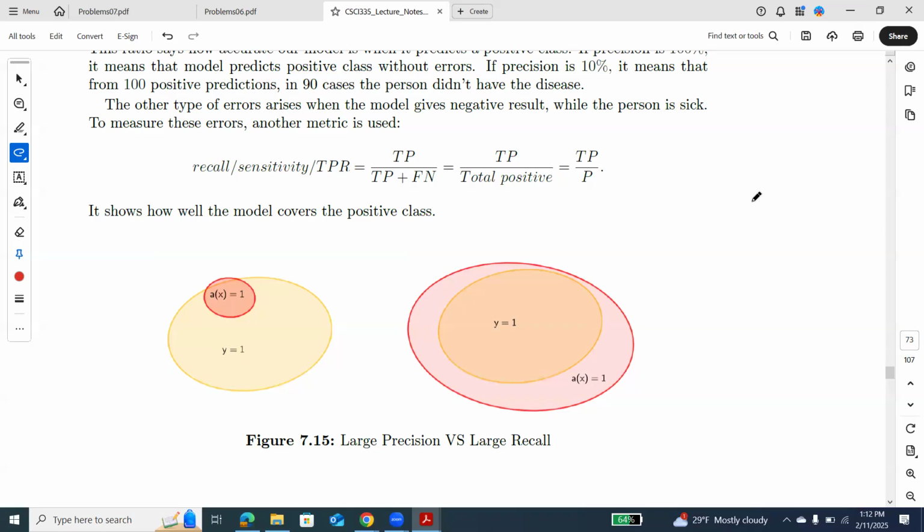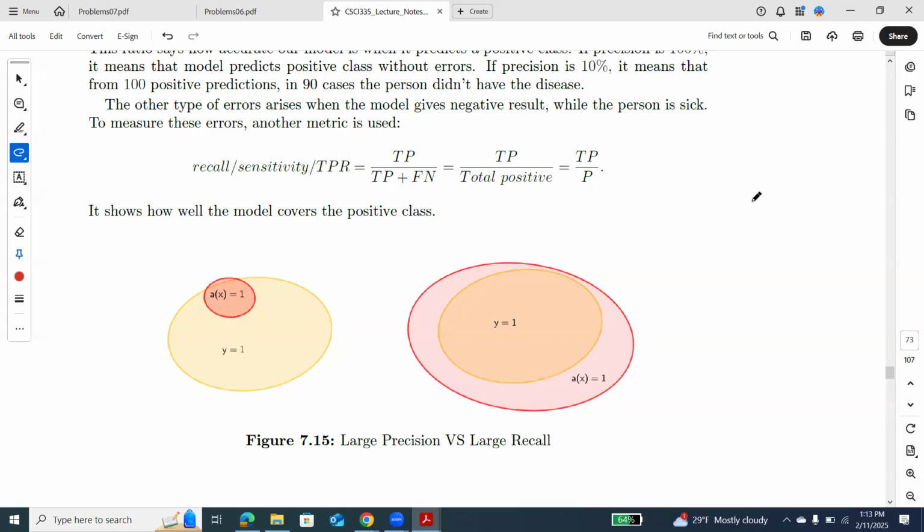If your decision boundary is higher, then you will get better precision. Oh, did you copy? Yeah, so it's one, and the precision is higher here.